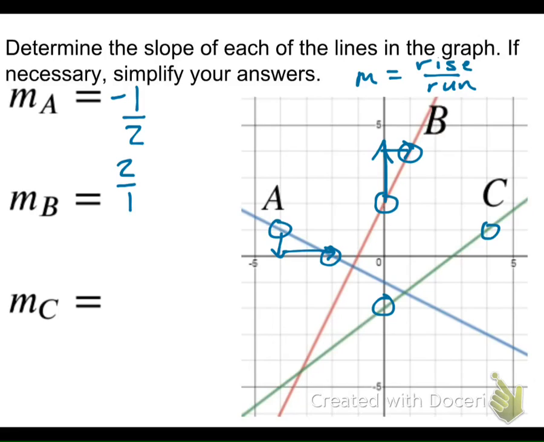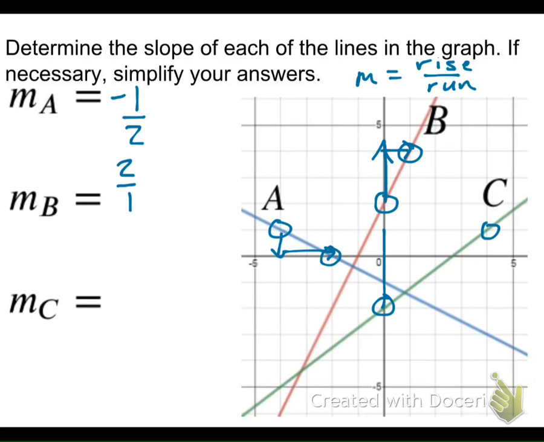Okay. Thank you, Morgan. All right, for this one, this is a positive slope because the line's going up from left to right. How many are we going up? Morgan, can you tell me? Up 3.